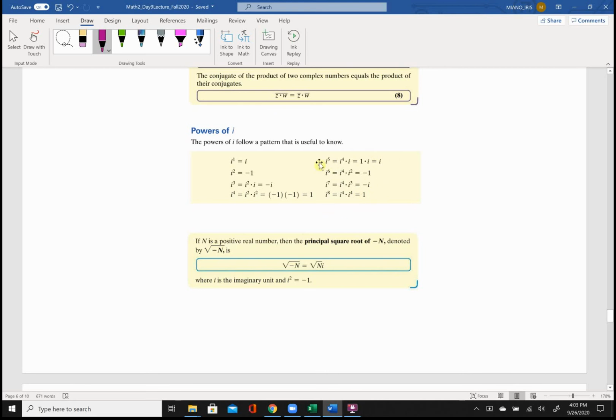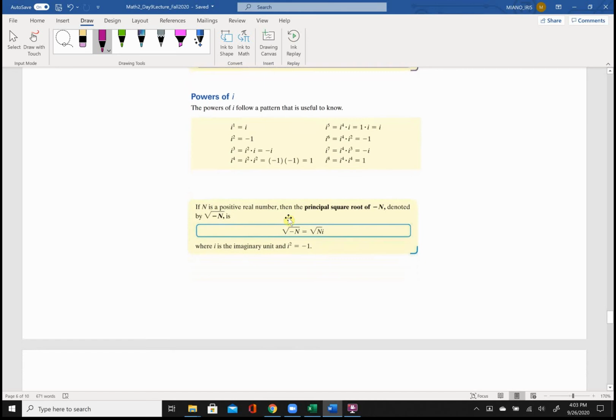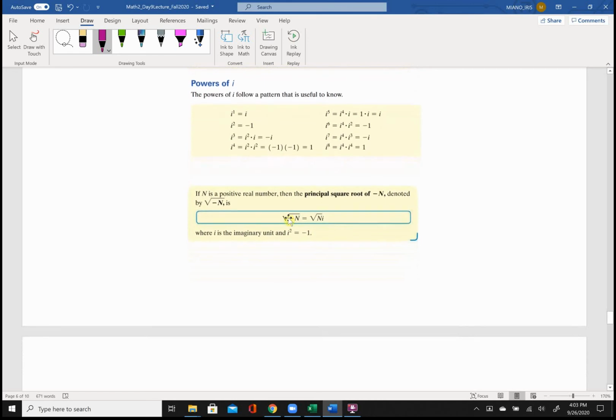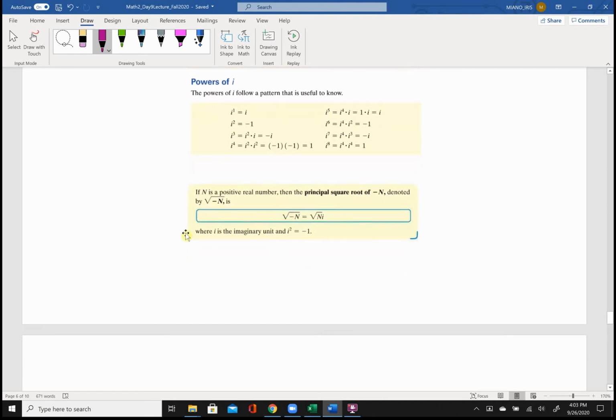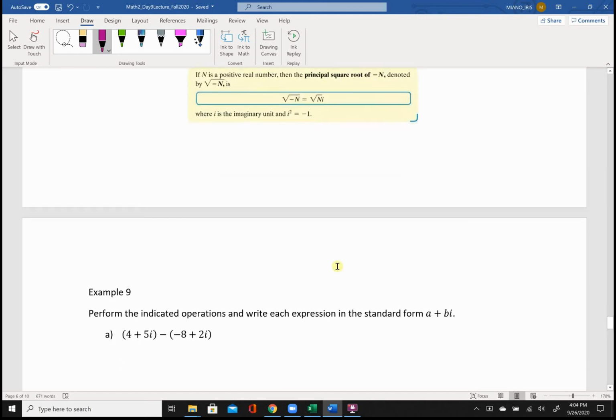So you don't necessarily have to memorize 8 powers of i, just the first 4 would be useful in investigating higher powers of i. Okay, then there's also this principal square root business that tells you how to extract the i from a square root situation. Okay, so all of that is probably more or less review.